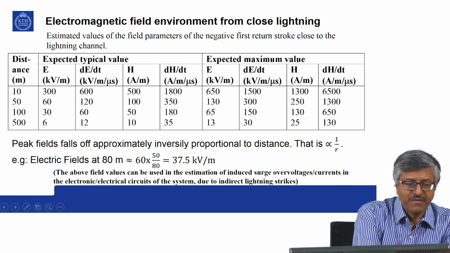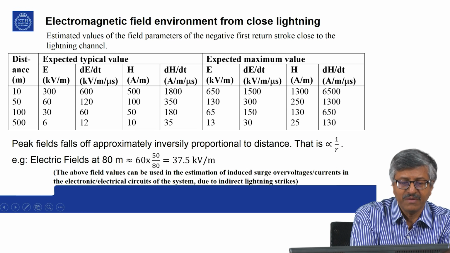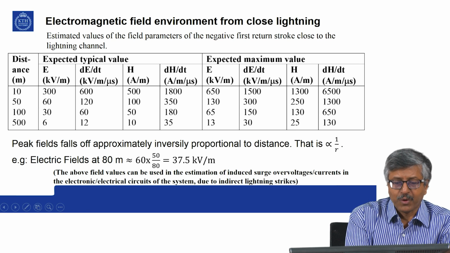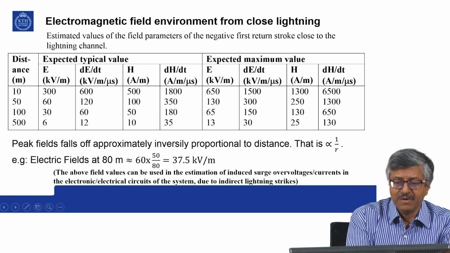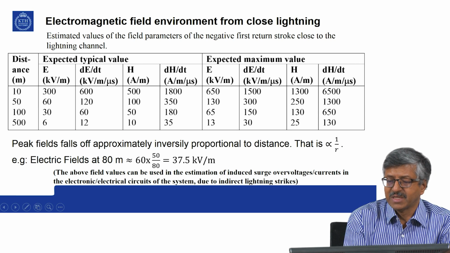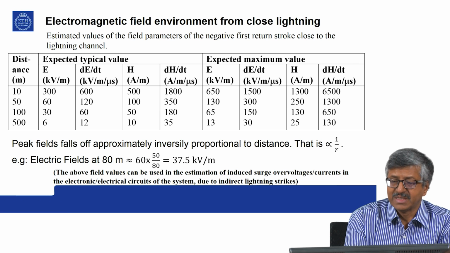Say for example, at 50 or 100 you have around 30, 60, 50 like that. So, peak field falls off approximately inversely proportional to distance, that is peak field is proportional to 1 over r, where r is the distance.